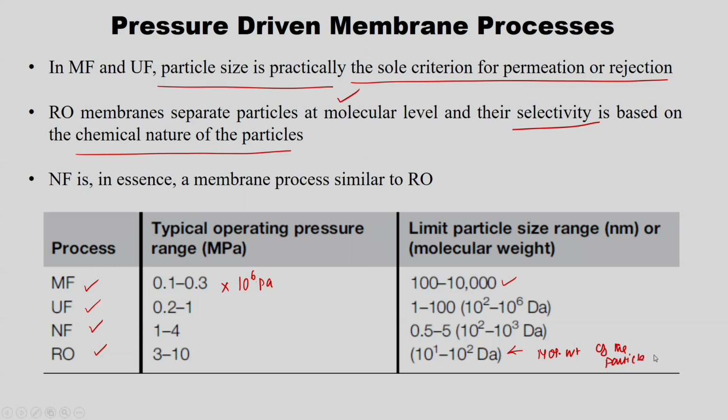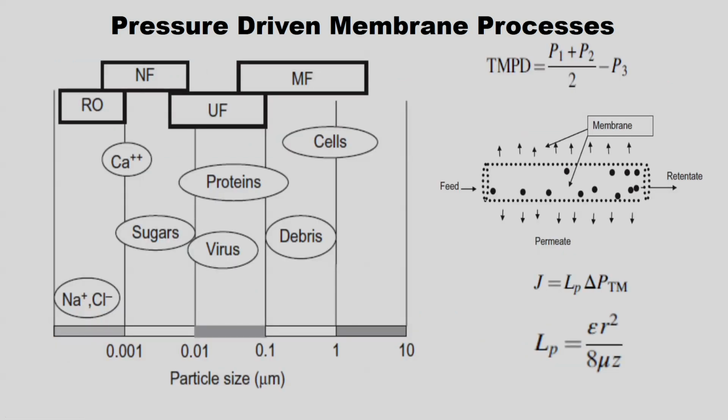Here is a clear picture, where you can see how the particle size categorizes the micro, ultra, nano and reverse osmosis membrane processes. Microfiltration removes cells and debris, but it allows protein.